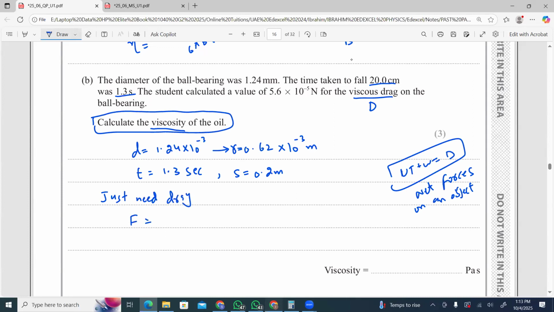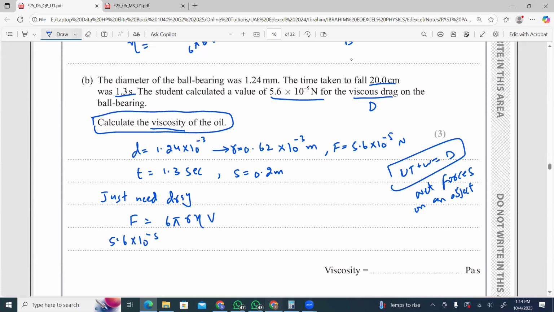Therefore you're just going to write 6 pi r eta v. You don't have v, but you have distance and time. So for the distance and time, you're going to write, oh, I have not mentioned the drag, which is 5.6 times 10 raised to the power minus 5 newton as well. So you just put in the values.